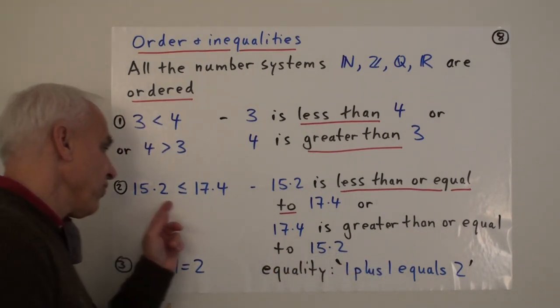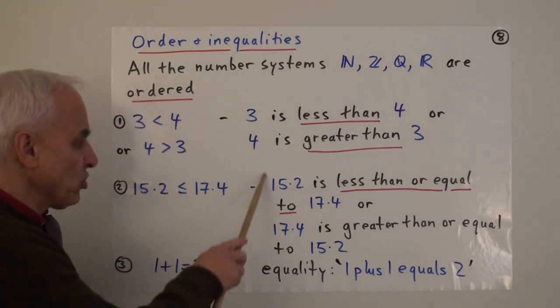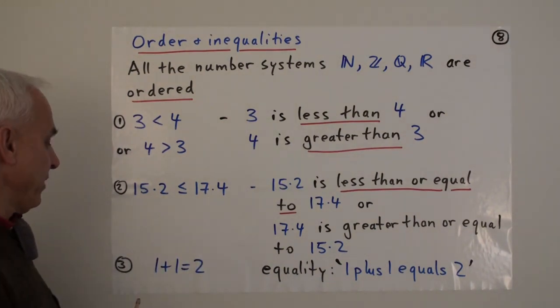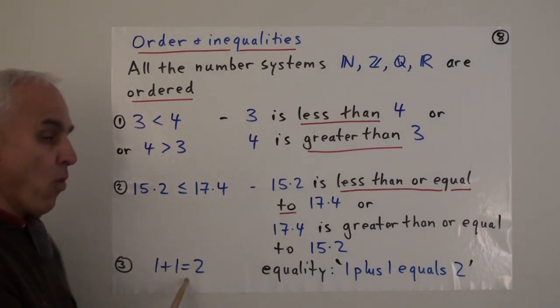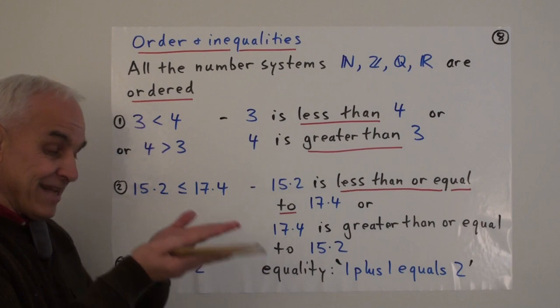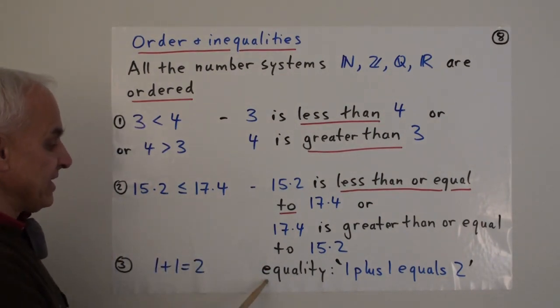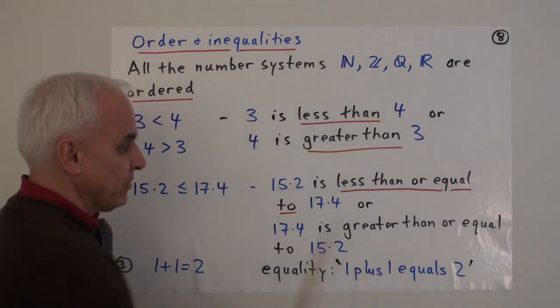But usually we read across from left to right, so this is the usual way we would write this. And let me remind you that the balance between less than and greater than is equality, when two things are exactly the same. 1 plus 1 equals 2. This is an example of equality.